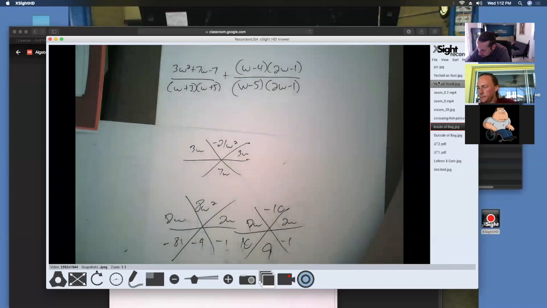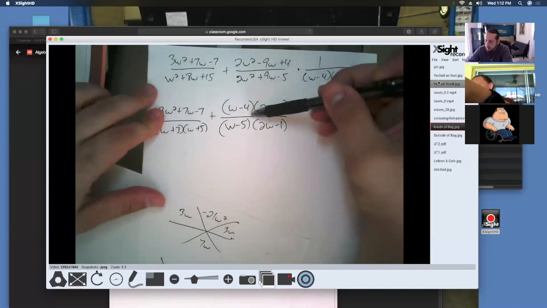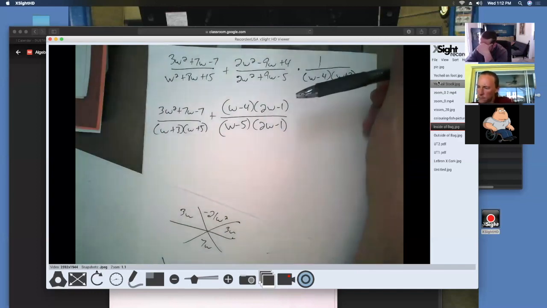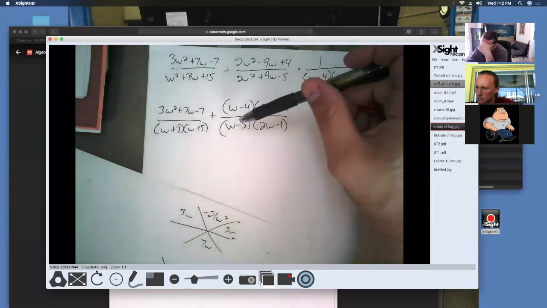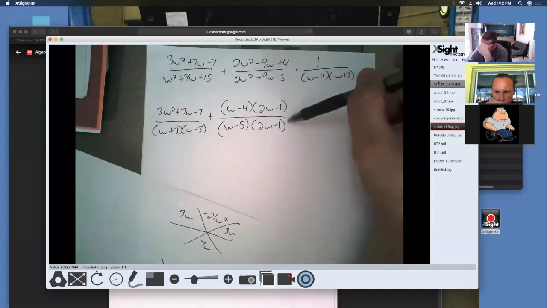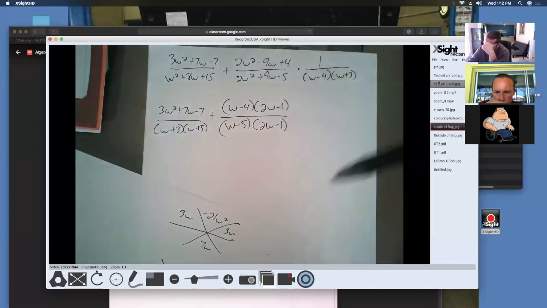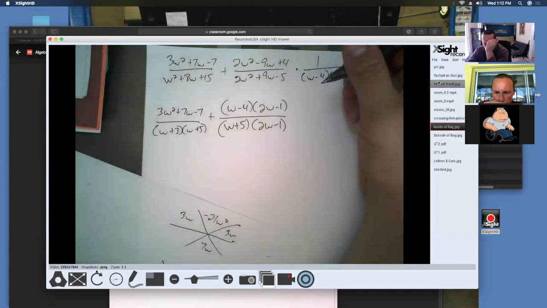For which part? Just this factored out. 2w squared. No, my signs aren't right. 2w minus 1. Oh, this should be w plus 5. Yeah, I got w plus 5. Okay.